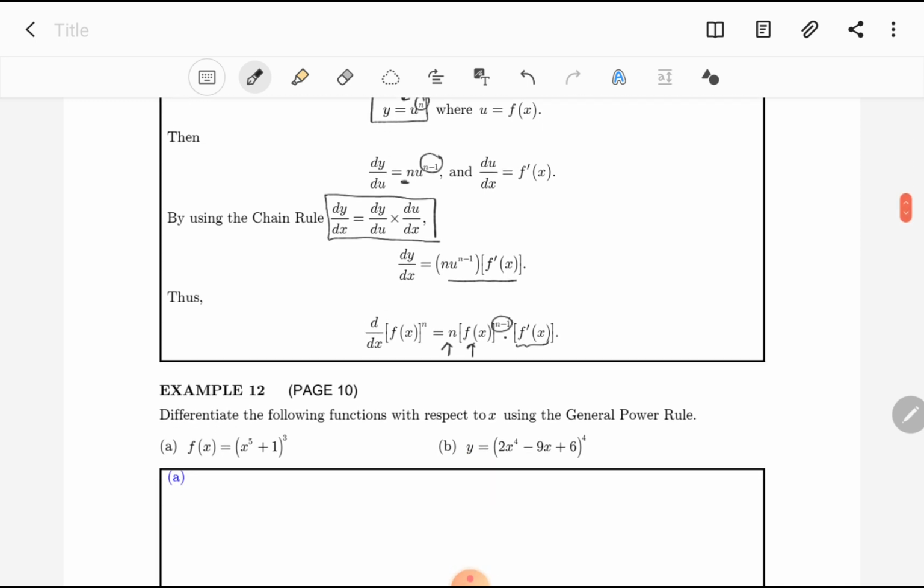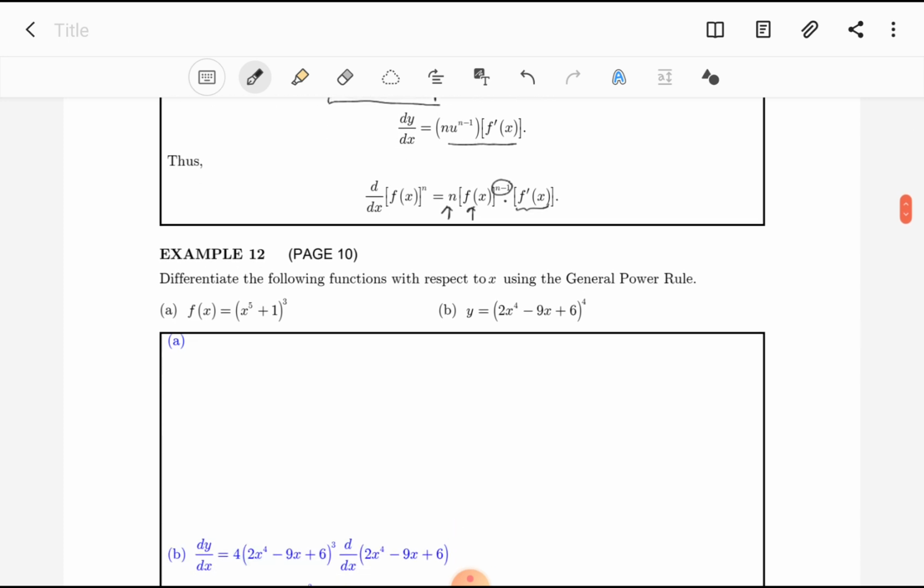Okay, so we go to example 12 on page 10. Differentiate with respect to x using the general power rule. For part A, we have f of x equals (x to the power of 5 plus 1) cubed.